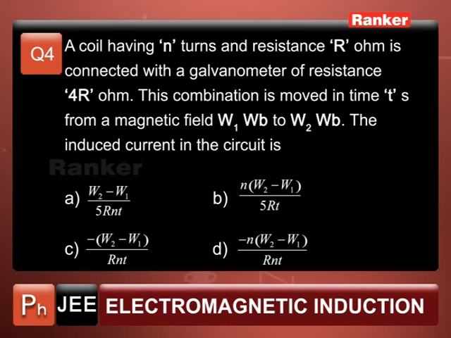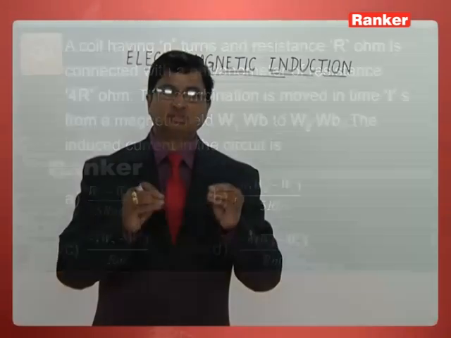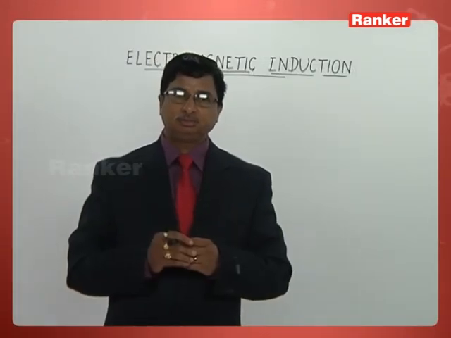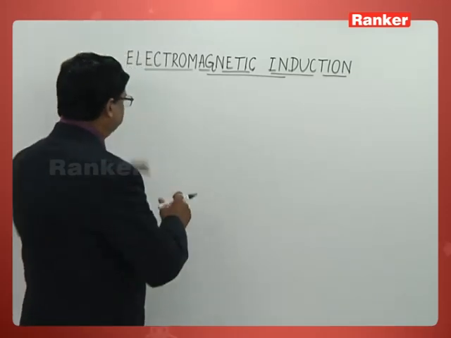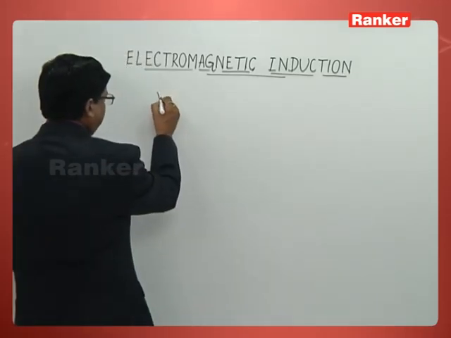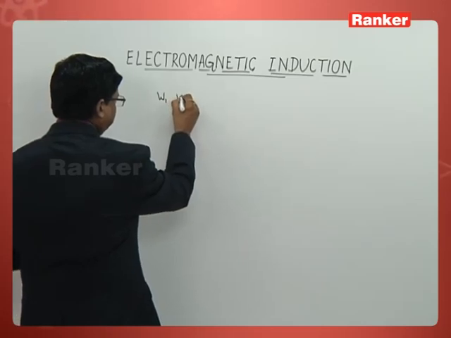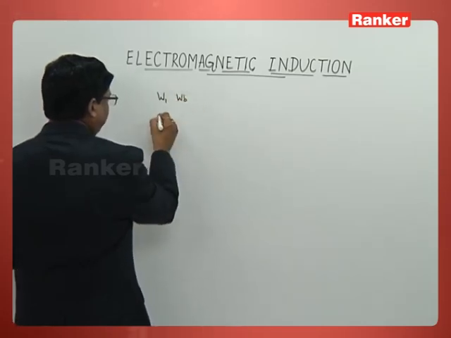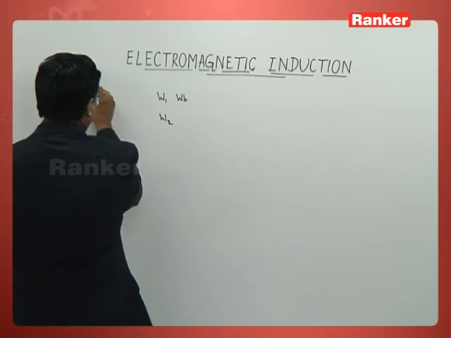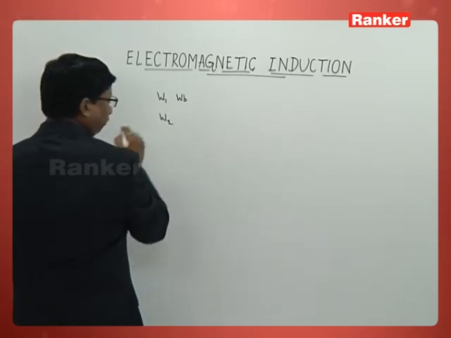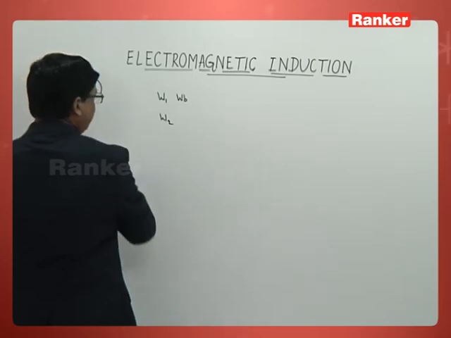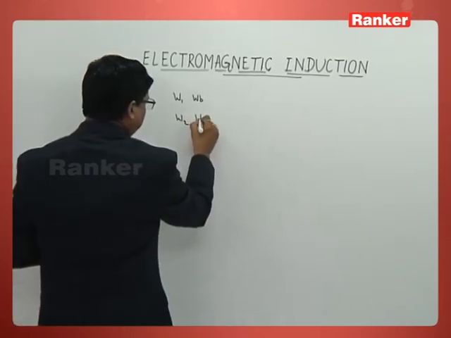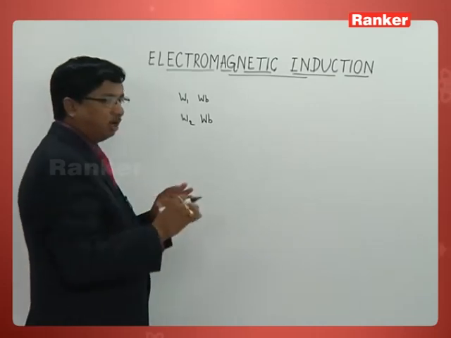The induced current in the circuit is how much? That is the concept. The initial magnetic flux given is W1 Weber, and W2 Weber is going to be the final one. This is problem 4.